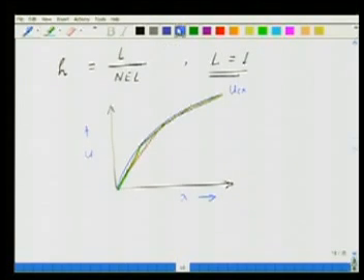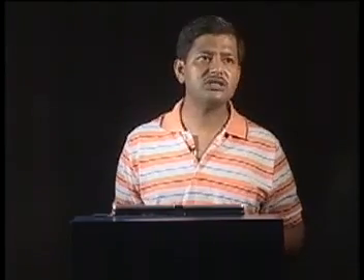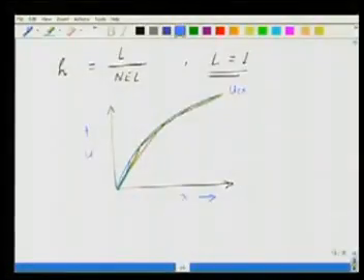I will make it with blue again. You can see that essentially your solution will keep on coming closer and closer to the exact solution, and as the number of elements is increased, your approximation does very well. This is true for any of the boundary conditions you take.